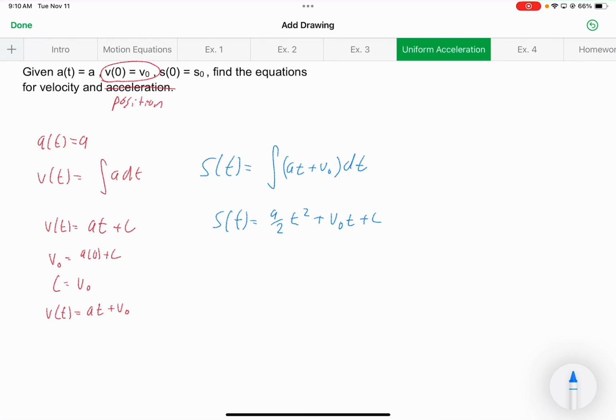But we have the initial condition that s sub 0 equals s sub naught. So s sub naught equals a over 2 times 0 squared plus v sub naught times 0 plus c, giving us that c is equal to our initial height.